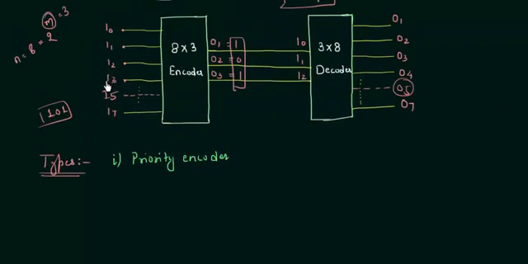If, instead of only one input being high, 2 inputs are high, let's say I3 and I5, then what will be the output of the encoder? It depends upon the priority that we set. Either we set the priority to the bits with lower order, or we set the priority to the bits with higher order. We will see that separately when we discuss the priority encoder.